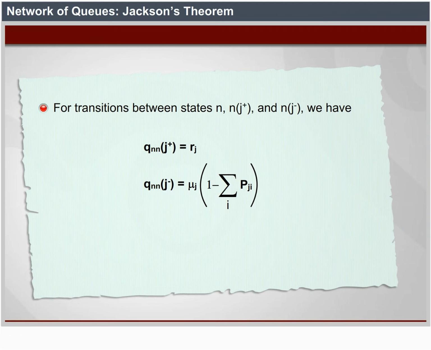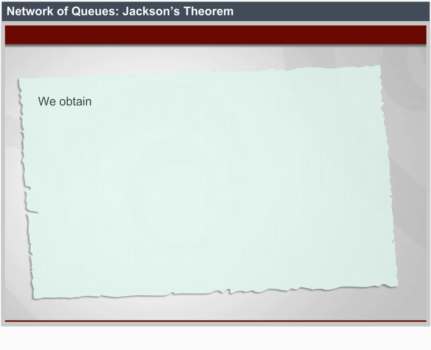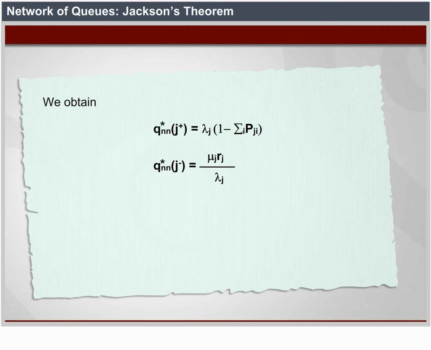Using the fact that P of nj plus is equal to rho j into P of n, which is equal to lambda j into P of n divided by mu j, we obtain q star nnj plus is equal to lambda j into 1 minus sigma i pji, and q star nnj minus is equal to mu j rj divided by lambda j.